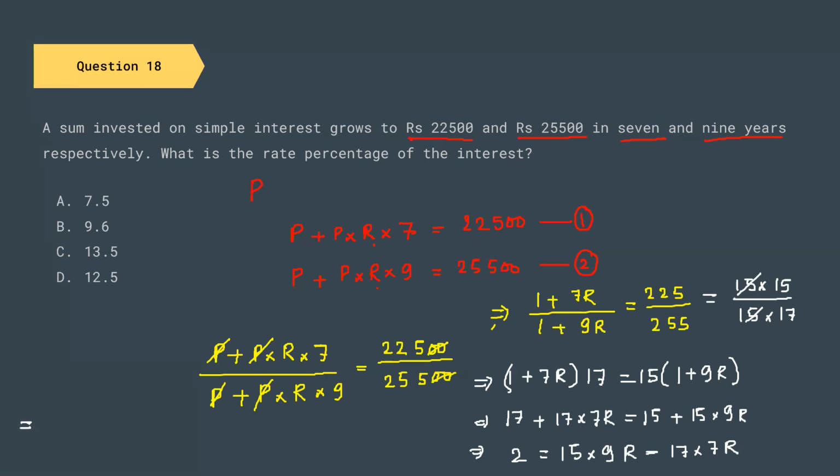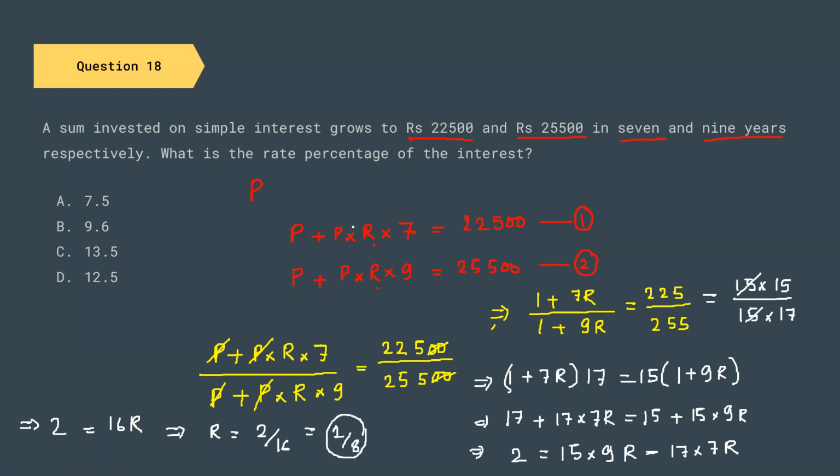So the final equation is 2 is equal to 15 into 9 minus 17 into 7, that gives us 16, so 2 is equal to 16R. That means R is equal to 2 by 16, that is equal to 1 by 8.